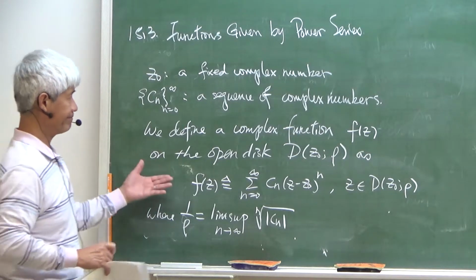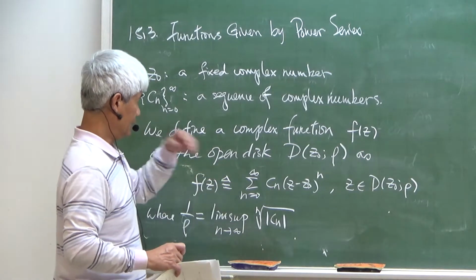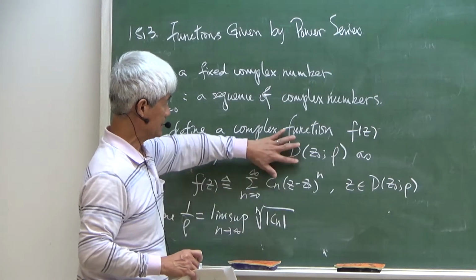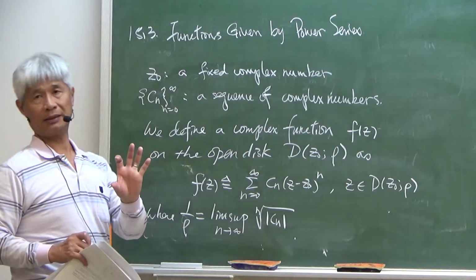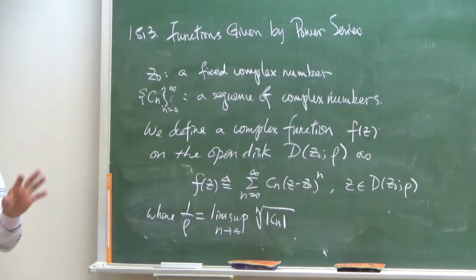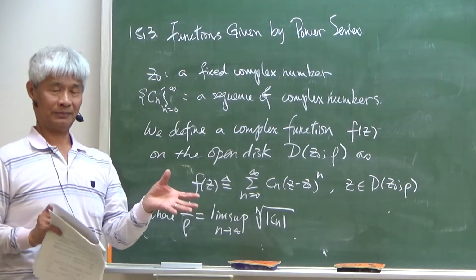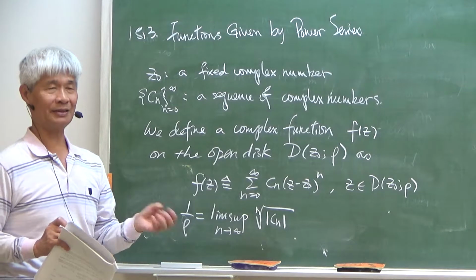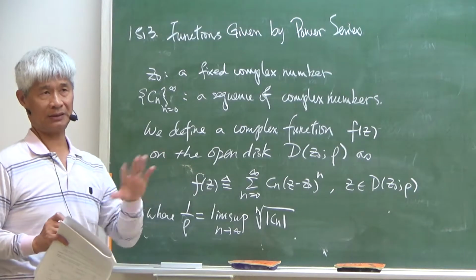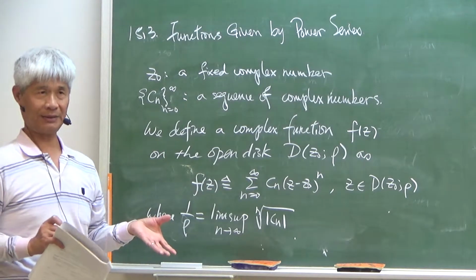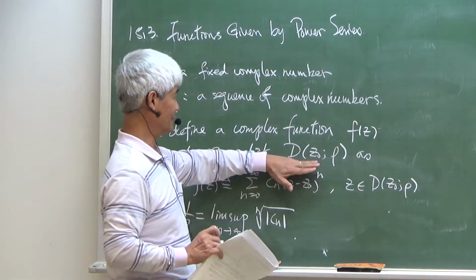And you see that the disk is a convex open set. It's simply connected. It has all you want as a geometric object in the complex plane. It's quite nice, right?